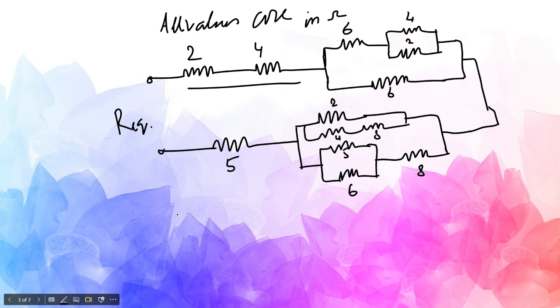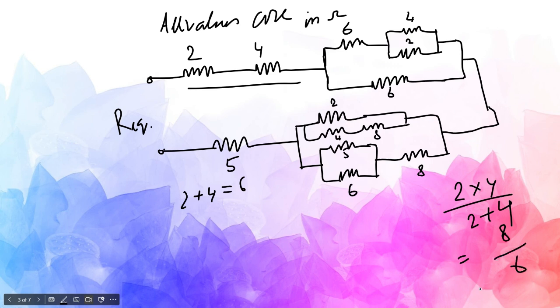So these two are in series. It means it is very simple. Equivalent is 2 plus 4 equal to 6. Again, these two are in parallel. So how much would be the value? 2 into 4 by 2 plus 4. So this will become 8 by 6.